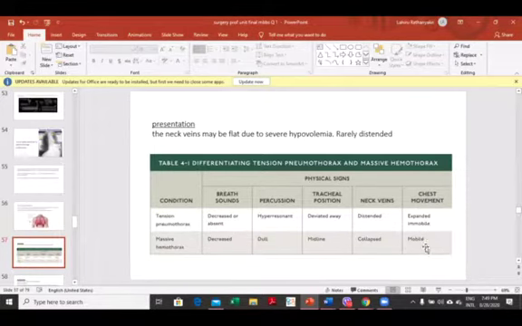And chest movement is usually normal. And then percussion is hyperresonant in tension pneumothorax and dull in massive hemothorax. This is the major difference between tension pneumothorax and massive hemothorax. And breath sounds are decreased in both.